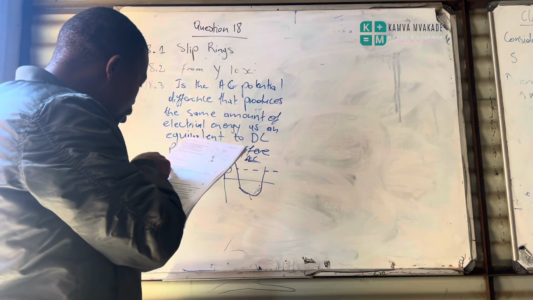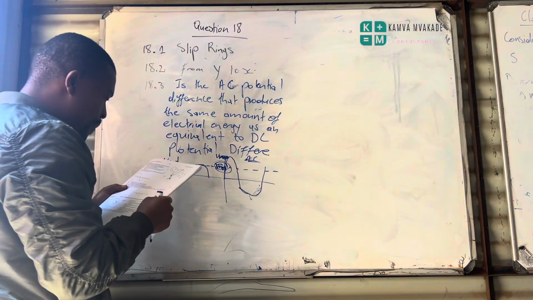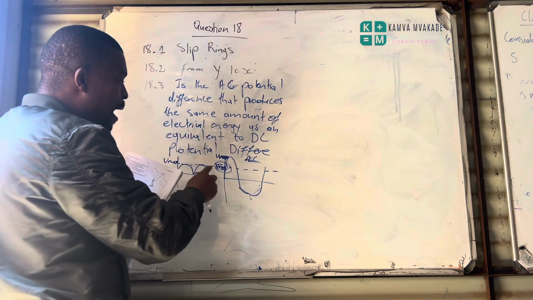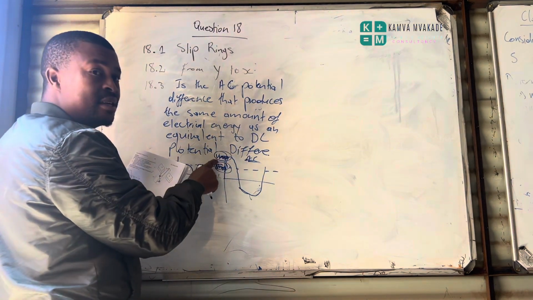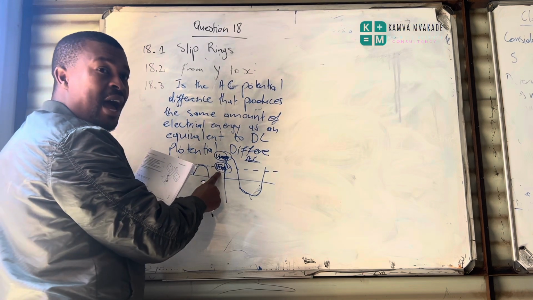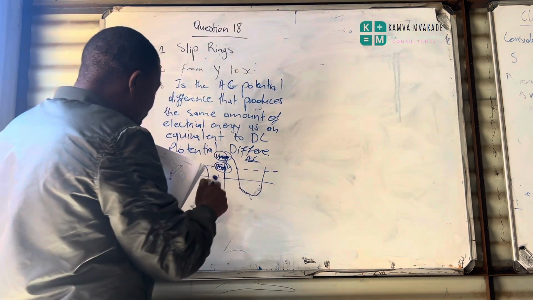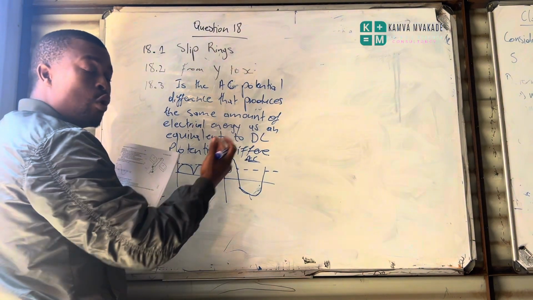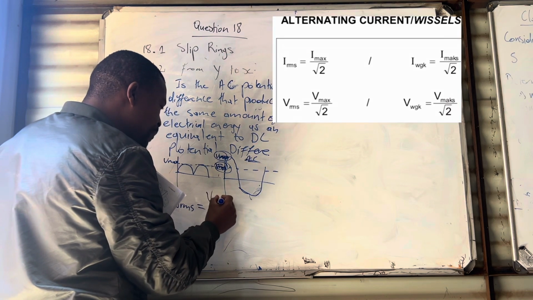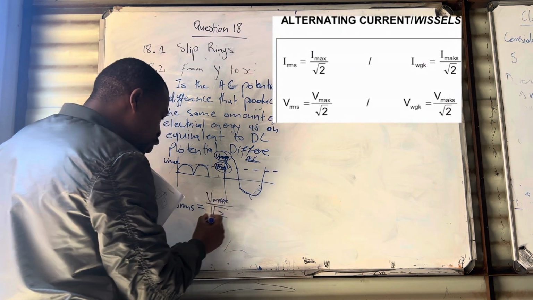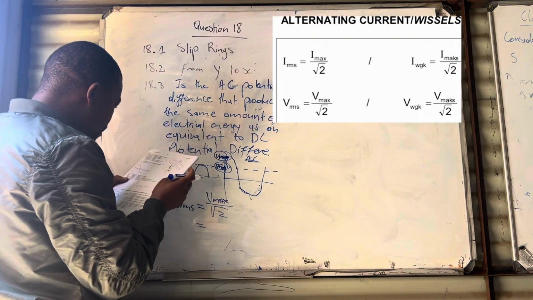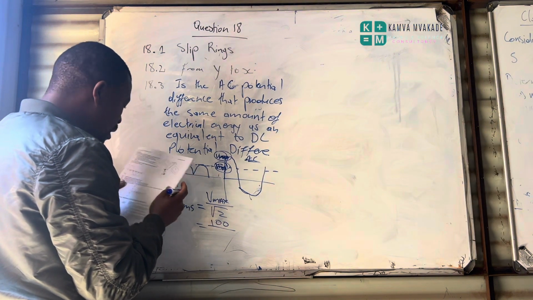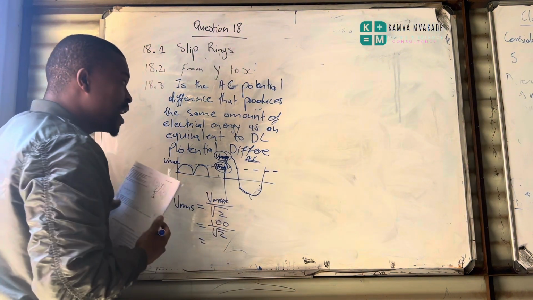So for the root mean square current we first need VRMS, because our electrical appliances use VRMS. Where do you get this formula? From the formula sheet; we copy it as it appears there. VRMS is Vmax divided by root 2. Vmax is 100, so 100 divided by root 2. How much do you get as your answer there?